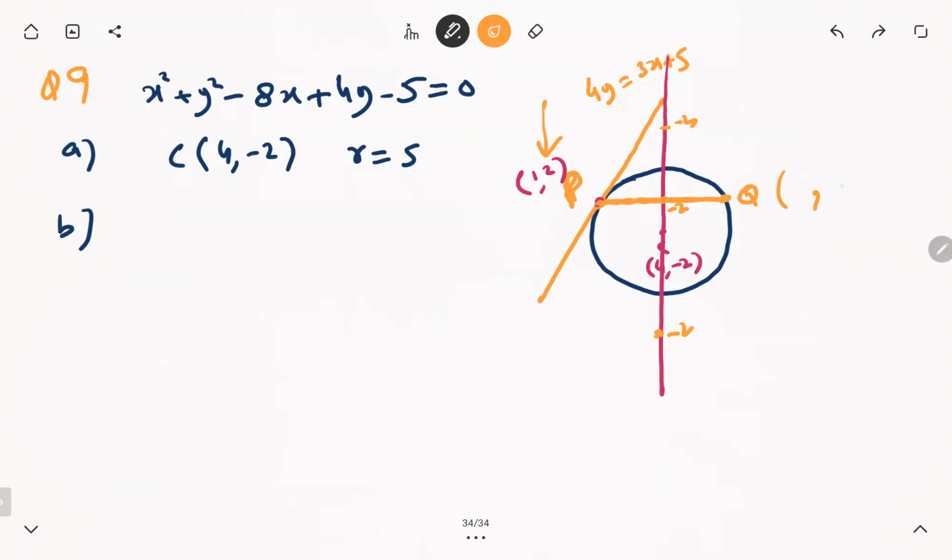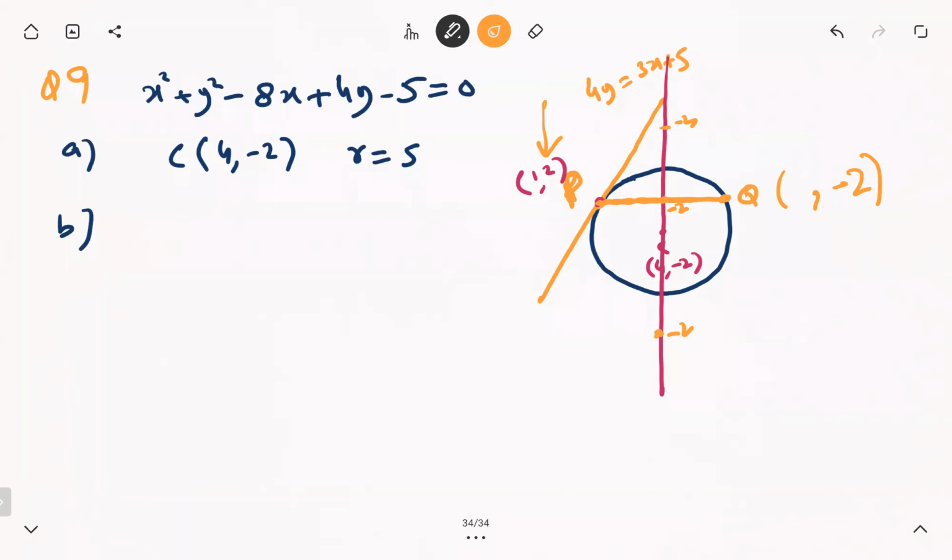The point P lies on the circle. So if you're saying this is -2, once you have the y coordinate -2, it means you can put that point Q, the y coordinate. Now this is passing through the circle and you have the equation of the circle. So you can put that in the original equation, you will get the other thing.